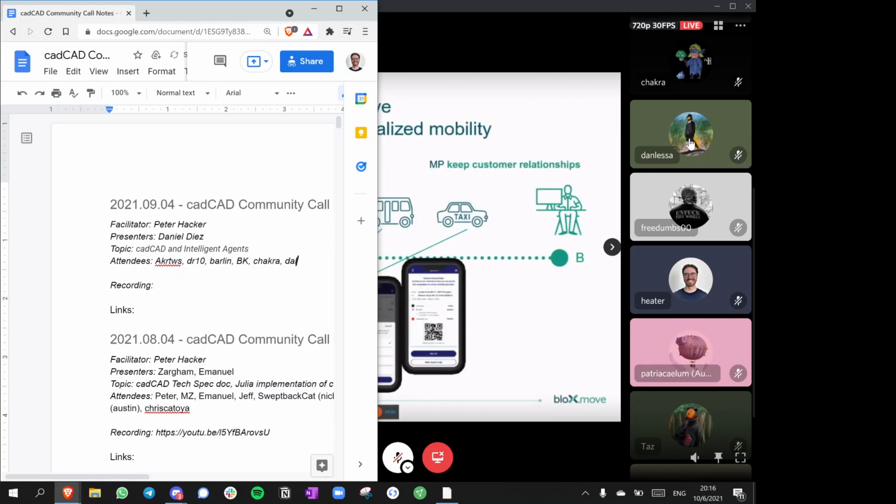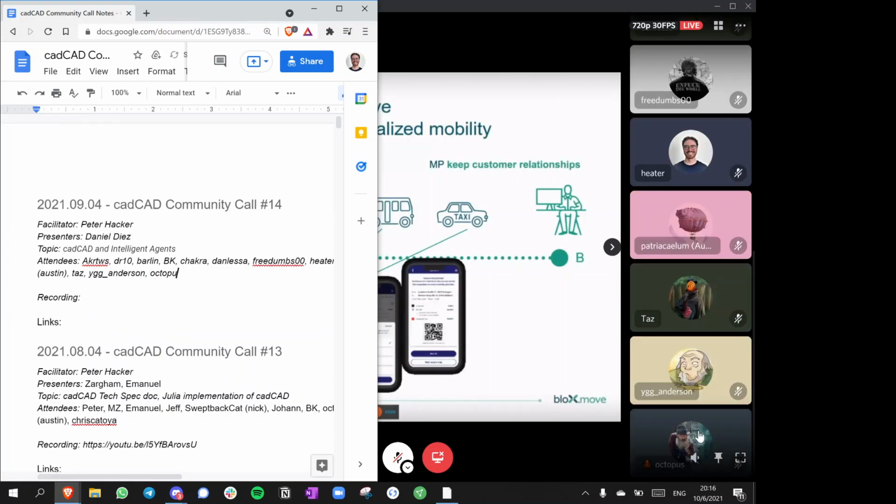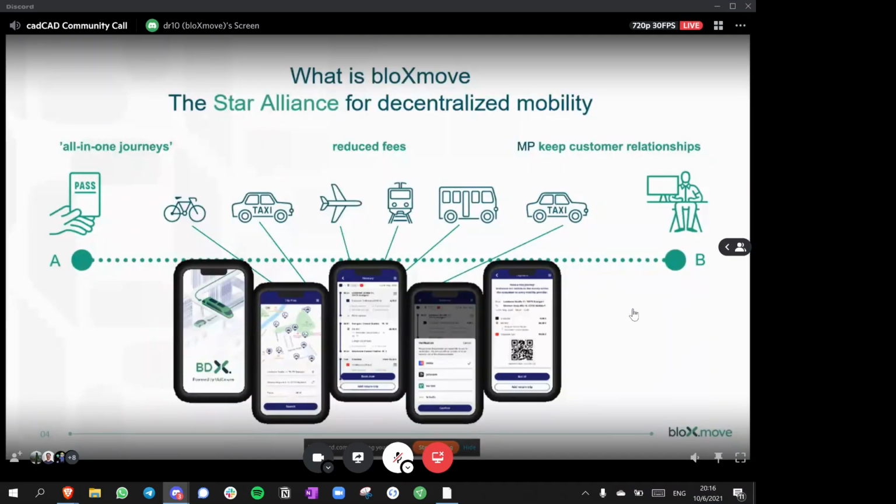This is in terms of all-in-one journeys. That means when I want to travel from A to B, I only need one ticket. For example, I'm traveling from Spain to Germany, and of course I need to take a plane. I need to take probably some trains, S1, U1, metro, or rent a taxi, scooter, or whatever.